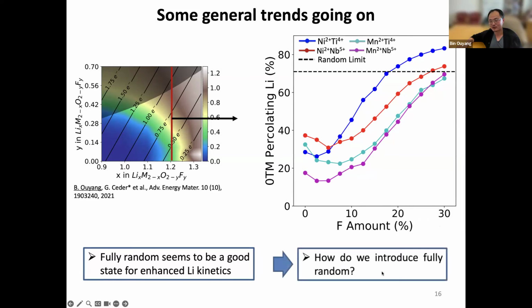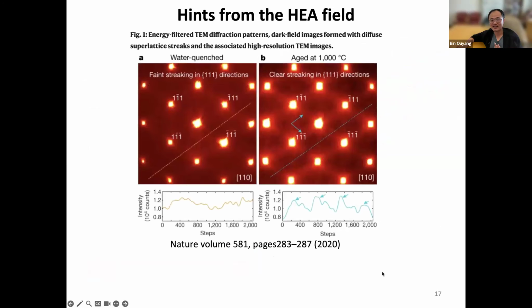So the question is, do we have other ways of doing random? This is when I start to talk about high entropy. At that time I had a friend in Berkeley working with Professor Andy Minor and Professor Mark Asta. They were talking about something really interesting. They were arguing about whether there's short-range order in high entropy alloy. This is a Nature paper published at that time.